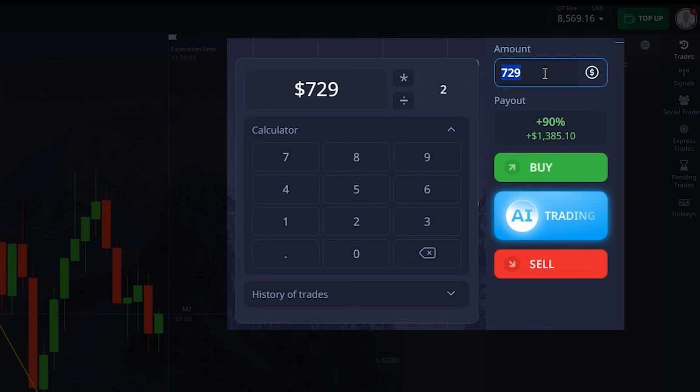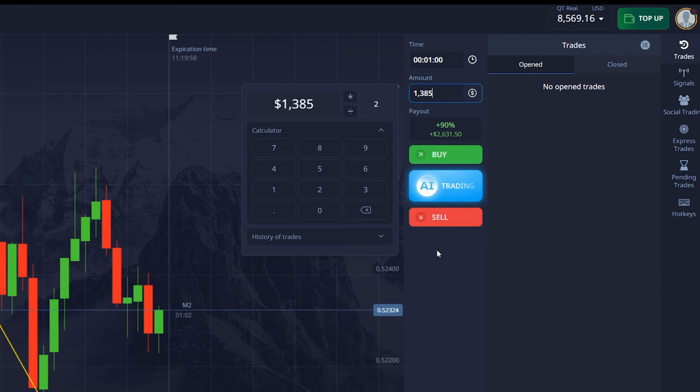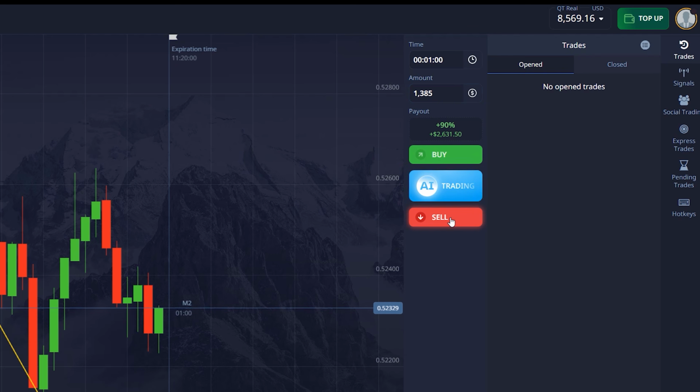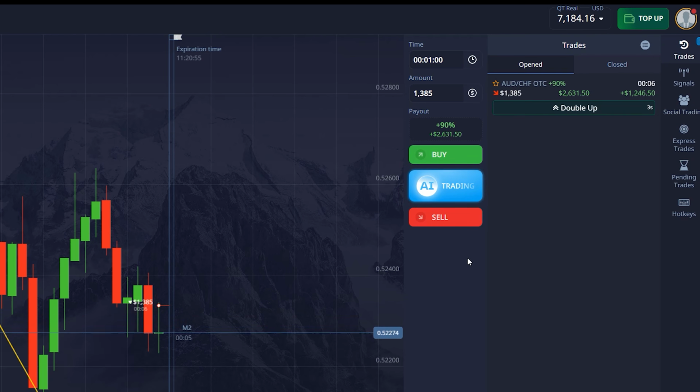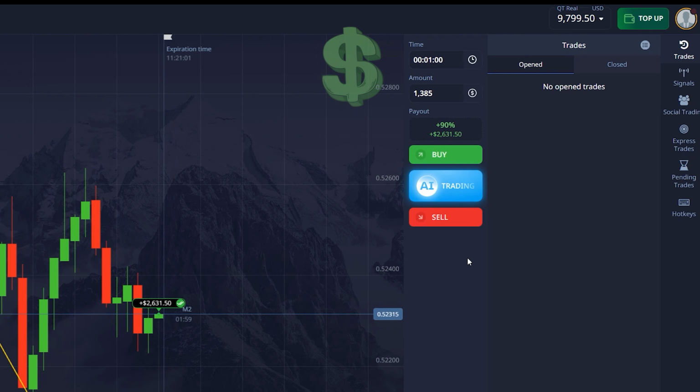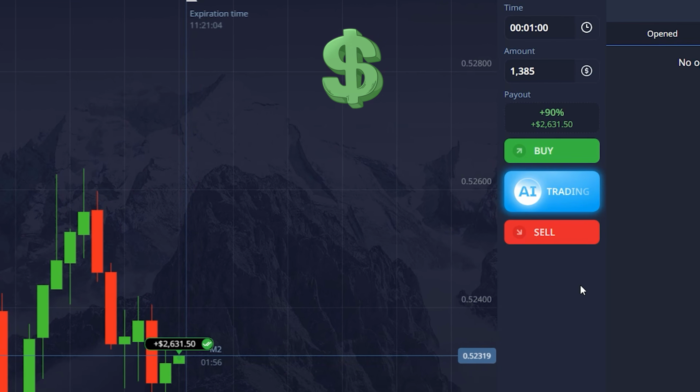We place a bid equal to the previous win, or simply double it. The trade closed in profit one more time.